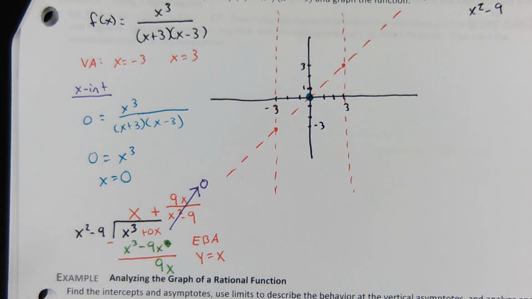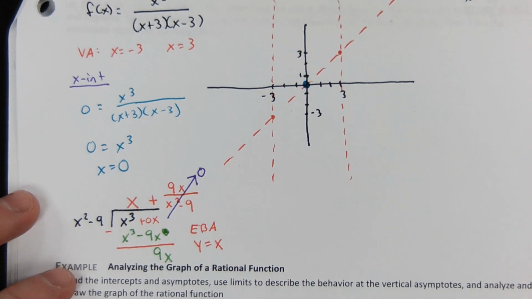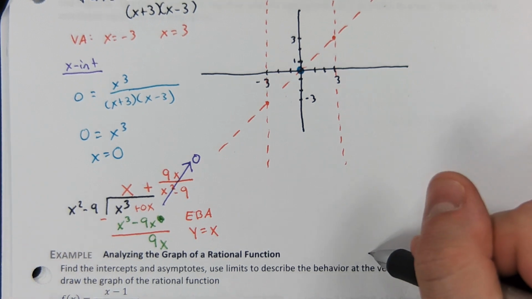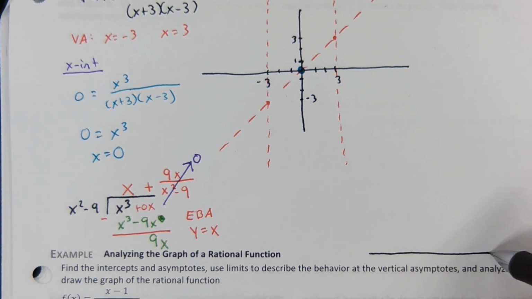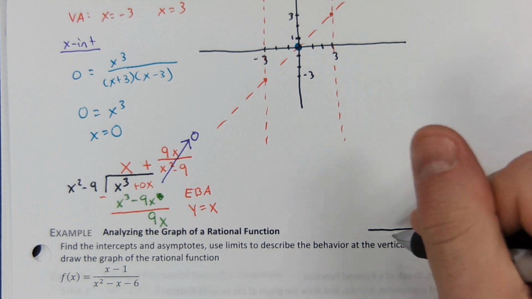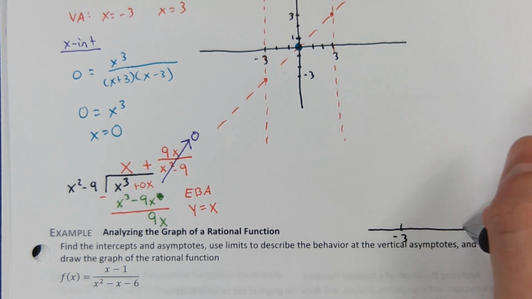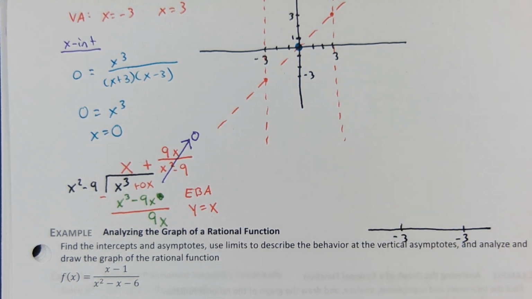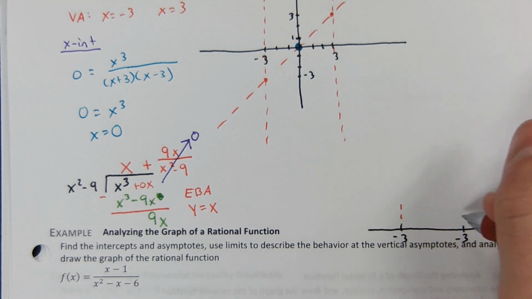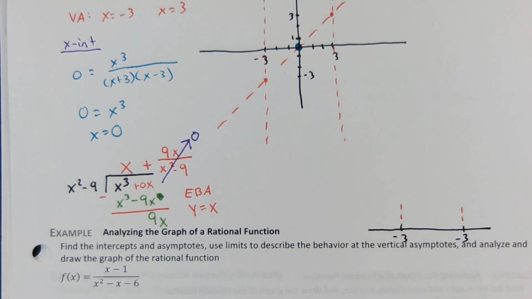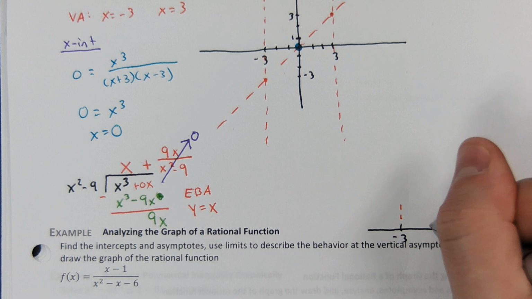Here's what's going on. If we were doing only a sign diagram, and I'm doing it way down here because I'm not actually going to use it, our vertical asymptotes will be like this, and we put dotted lines on them like that. And our 0 was right here at 0.